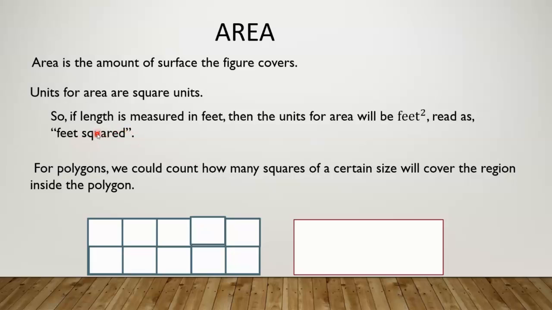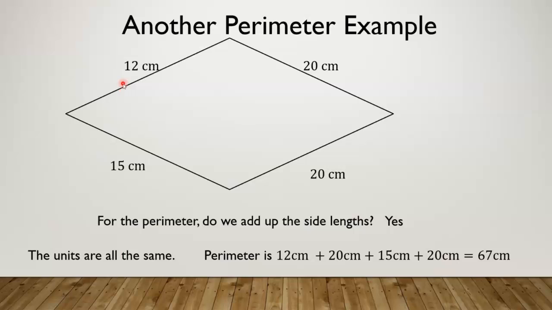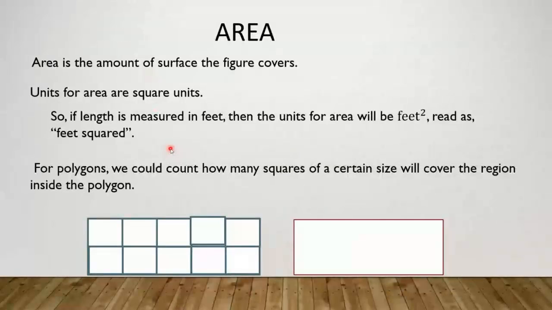Some people also use square feet, which I'm pretty sure is the same thing. If we were going to get the area of this, the units would be centimeters squared, because here we're using centimeters to measure length. Okay, so that's intuitively what area is.